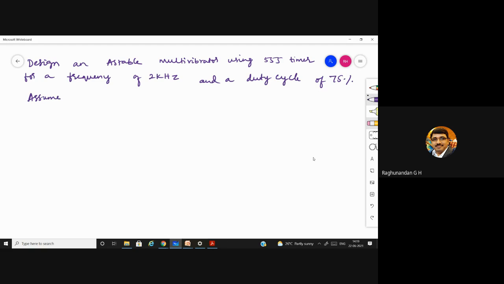Okay, we'll do one thing. We'll make it 65%. I have given 75% in the book, but let us make it 65% and let us try. Assume C1 is equal to 0.1 microfarad.